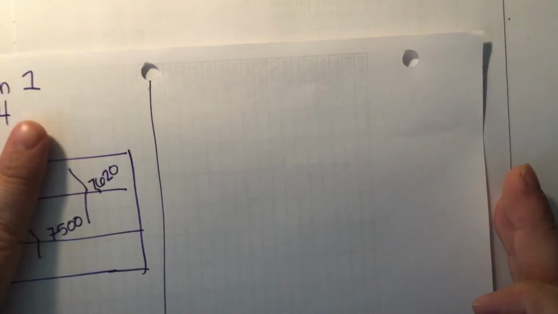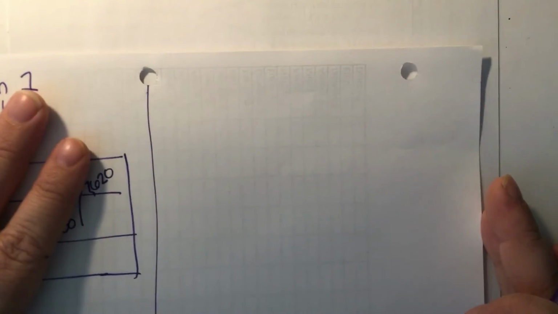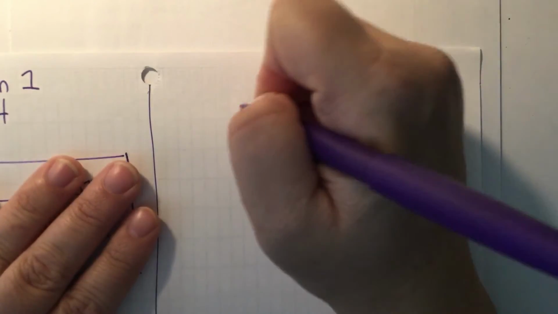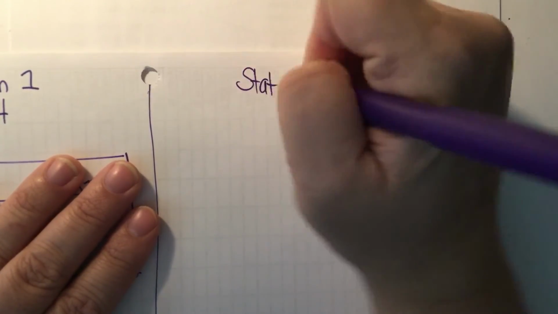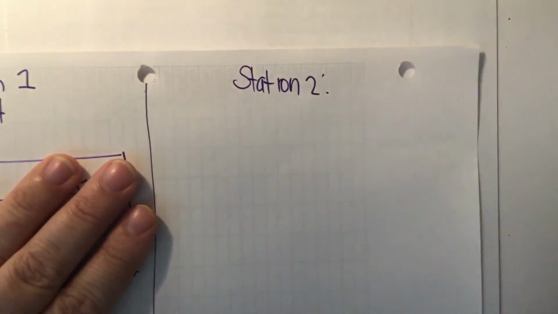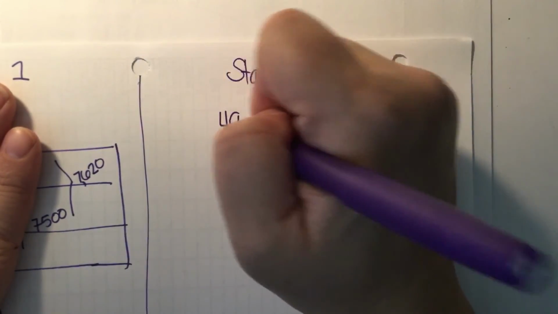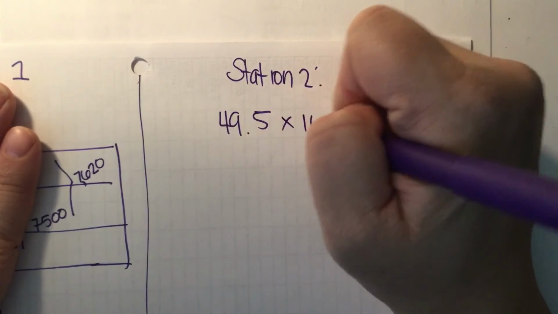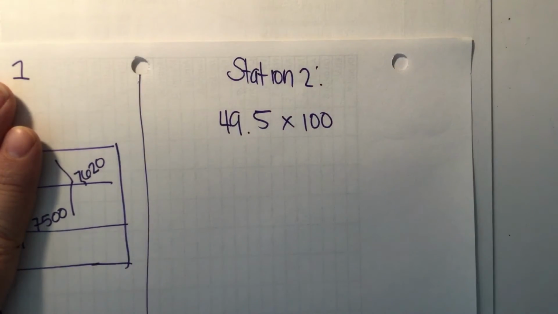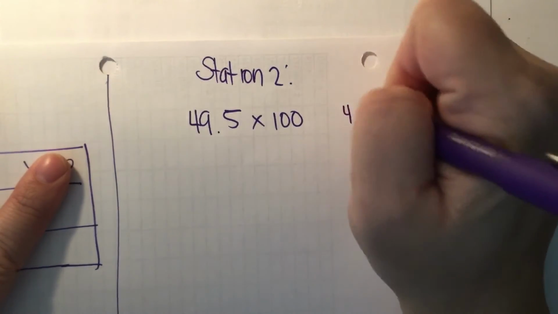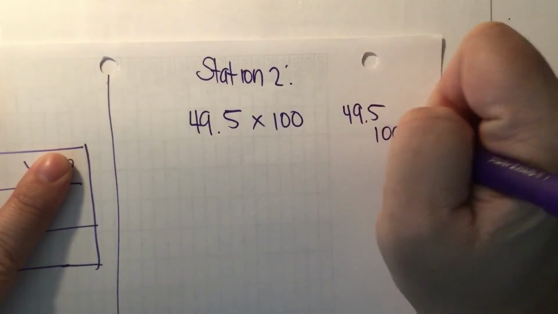Station number 2. Ooh, this one's going to be a little bit easier. Station 2. Okay. So we have here 49.5 times 100. Holy cow. Okay. Do we want to do this? Let's do the standard algorithm first. Okay. 49.5 times 100.